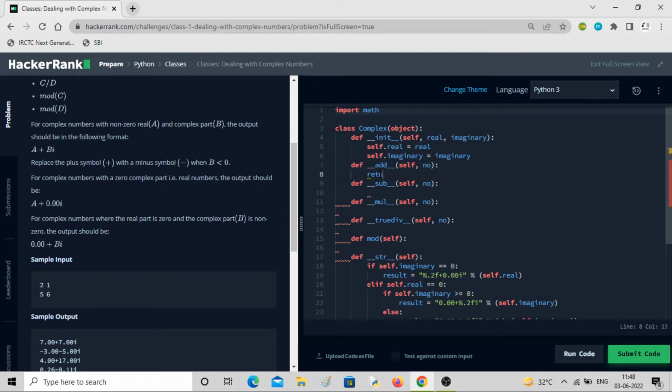So let's return self dot real plus number dot real. This will give you the real part. Similarly, I'll do the same thing with the imaginary part.